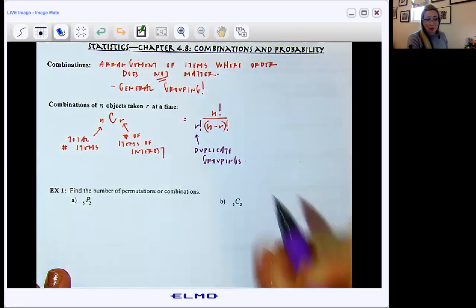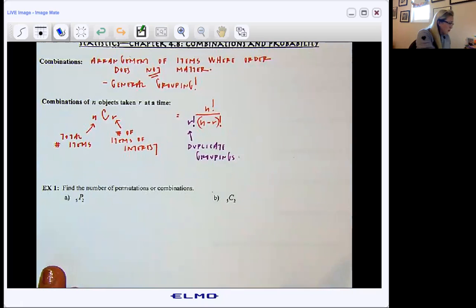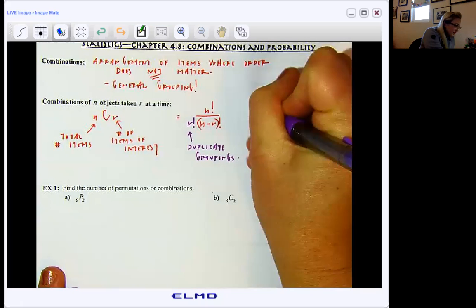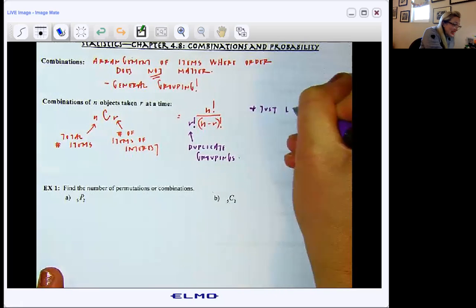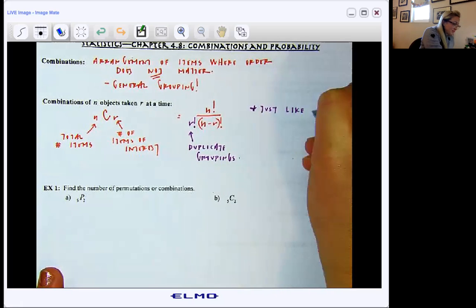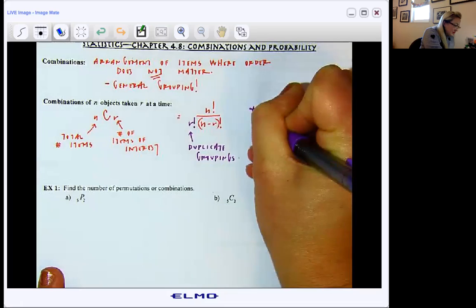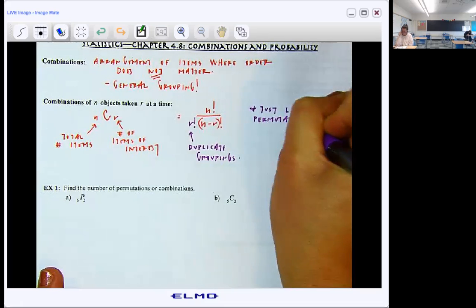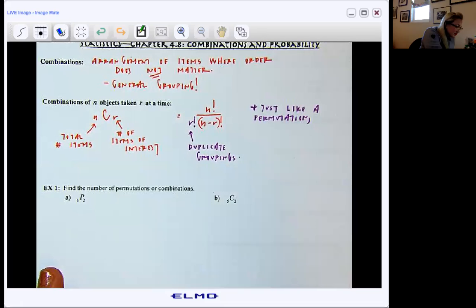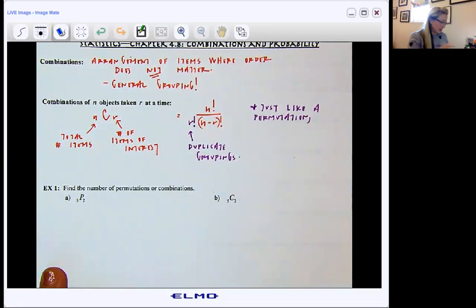And then I'm just going to write that in words. So think of a combination as, well, it's just like a permutation, but we have to divide out those duplicate groupings.